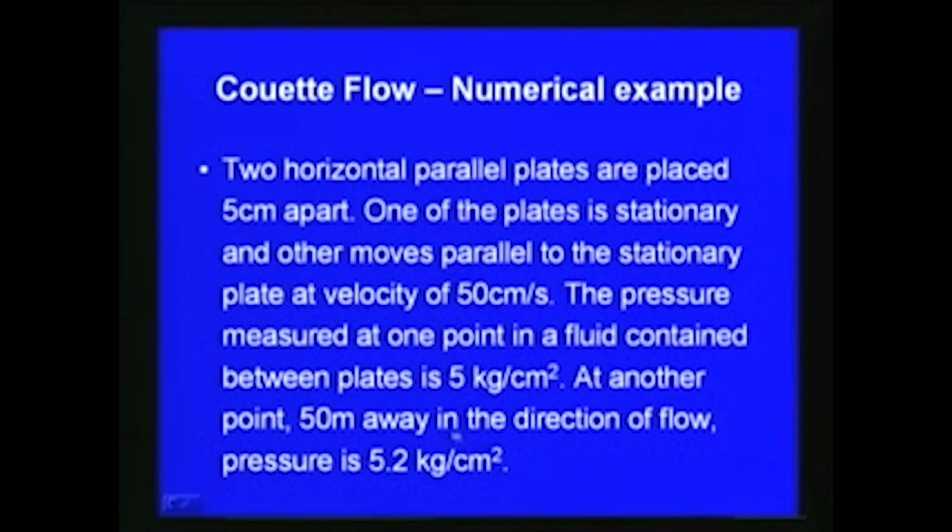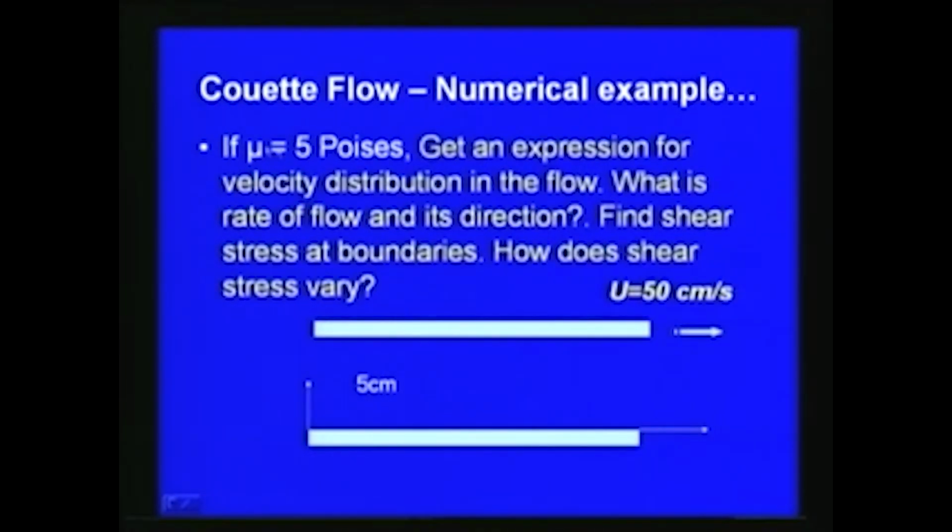The pressure measured at one point in a fluid contained between the plates is 5 kilogram per centimeter square, and at another point 50 meter away in the direction of flow, the pressure is measured as 5.2 kilogram per centimeter square.